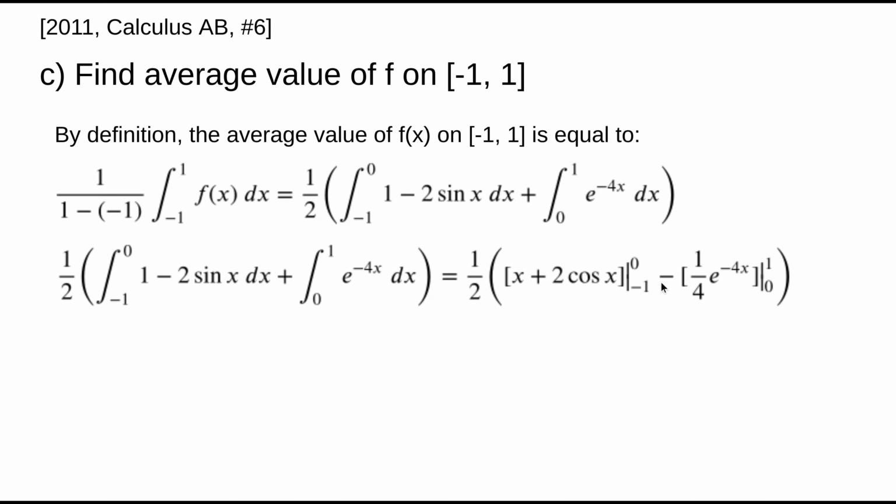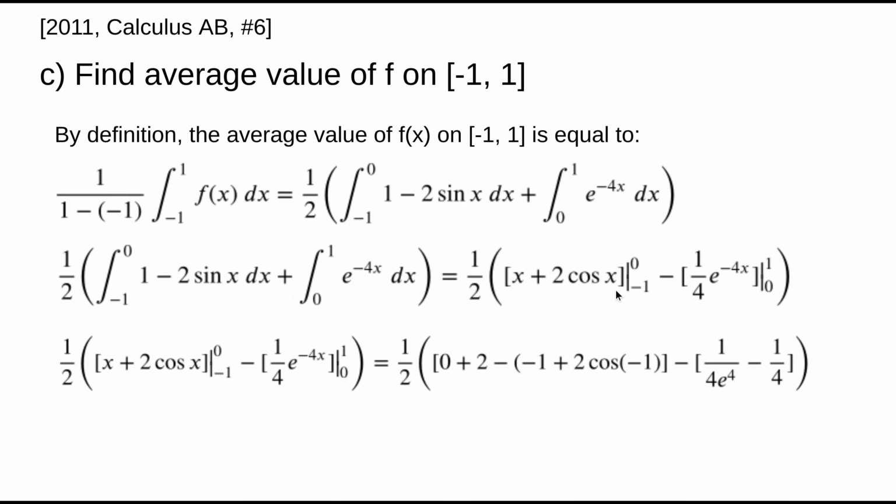Notice I moved the subtraction outside instead of leaving it as addition. All right, so I have to evaluate both of those expressions, find the difference, take half of that. So if I do that, I get 1/2 of 0 plus 2 minus the negative 1 plus 2 cosine of negative 1 for the first half, and then I have 1 over 4e to the 4th minus 1/4.